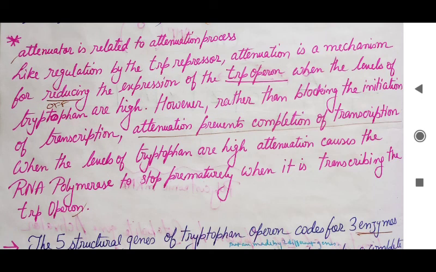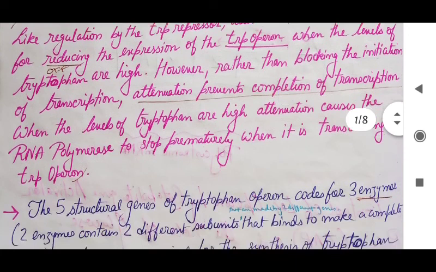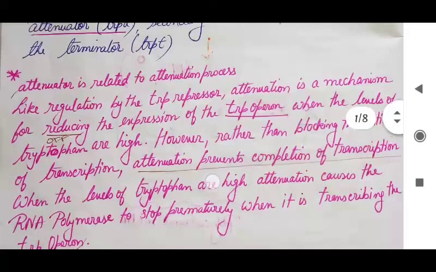When the tryptophan levels are quite high, attenuation will be very high because it will cause the RNA polymerase to stop prematurely. It will initiate transcription, but it will stop the RNA polymerase prematurely when it is transcribing the TRP operon. So we will focus on attenuation lastly.